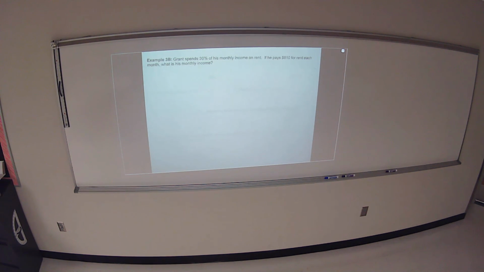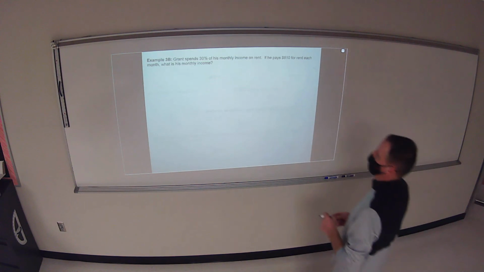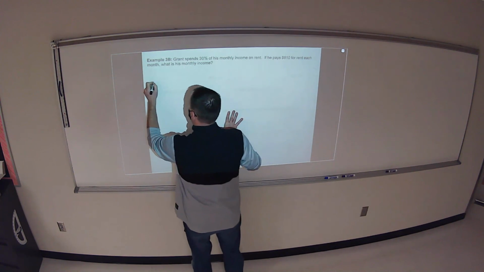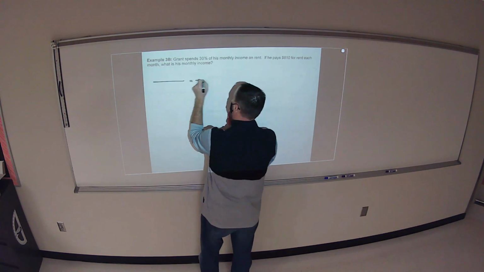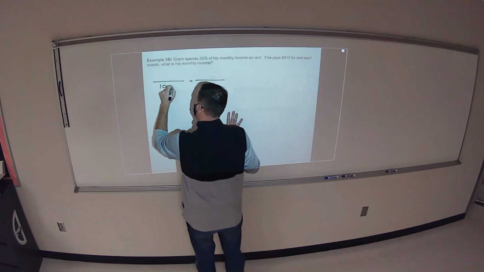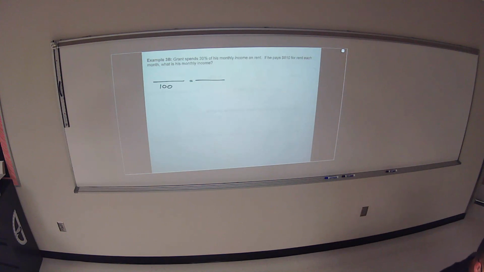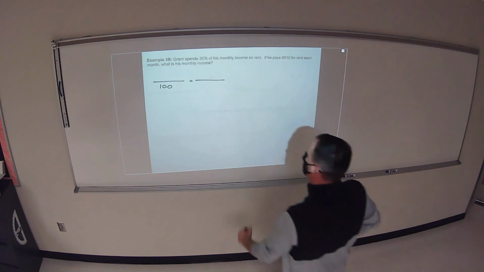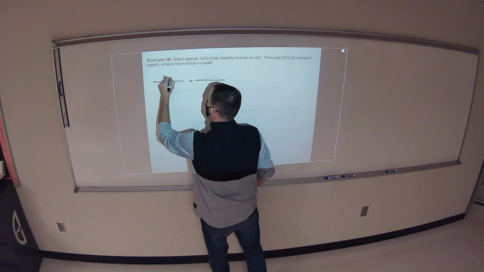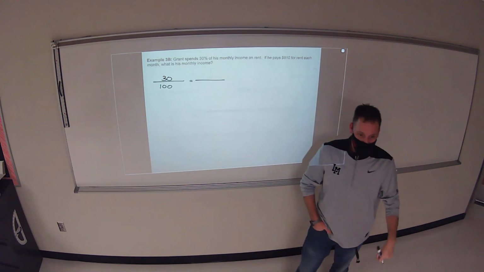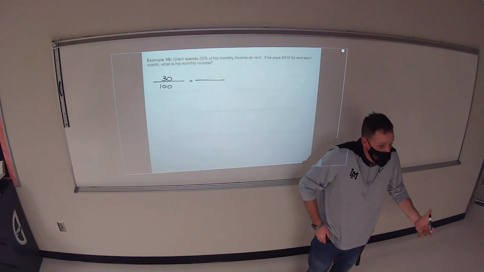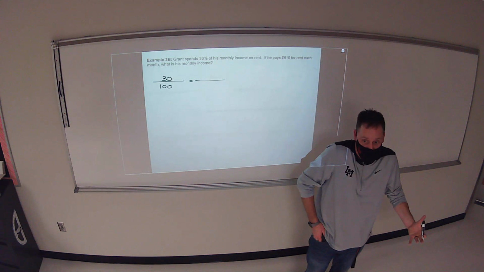All right. So we're going to do percent over 100 equals part over whole. So right away we're going to put our 100 in here. Do we know our percent? Yes, let's plug that in. What's the percentage? 30%. Now, here's the big part. And this is what I'm telling you, get used to this because this is all we're doing for the next 4 days.